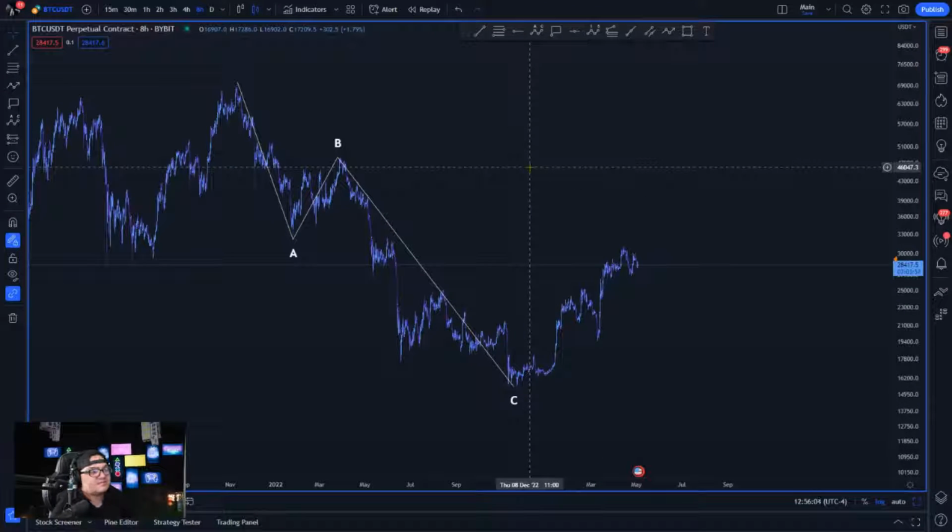Let's see. Sorry if this question is dumb. Is the ABC pattern similar to the ICT, MSS, Choch, or Breaker Block? Unfortunately, I have no idea what that other strategy is. Maybe. I don't know.